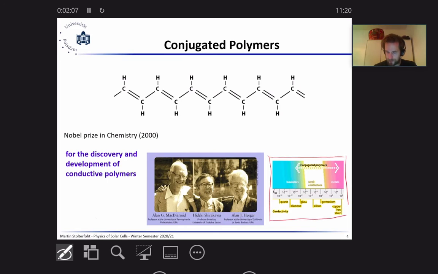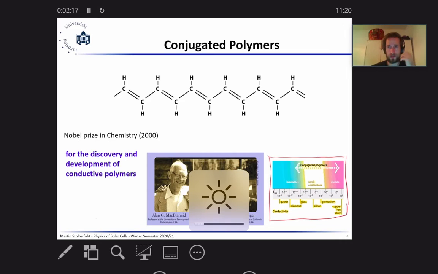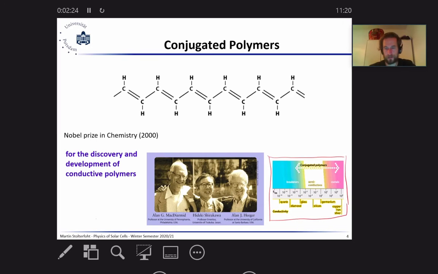It is not only a semiconducting material, but it can also be highly conductive. For example, PEDOT:PSS, if you dope it, you can reach conductivities comparable to metals. But they can surely also be very insulating. So it's a very broad range of conductivities.